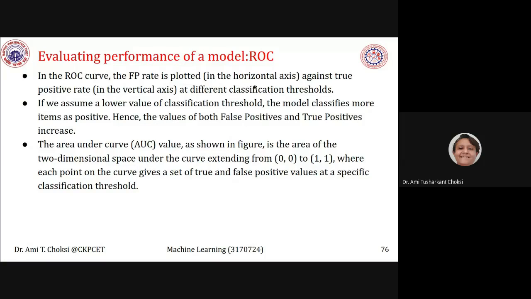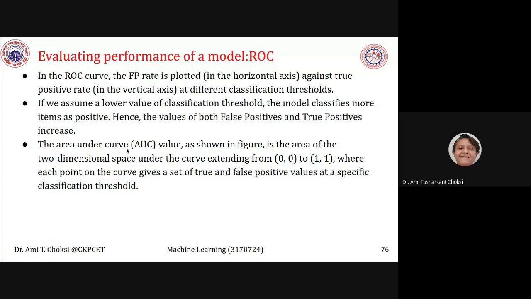We have seen that the horizontal axis is for false positive rate and the vertical axis is for true positive rate, at different classification thresholds. If we assume a lower value of classification threshold, the model classifies more items as positive. Hence, the values of both false positives and true positives will increase.